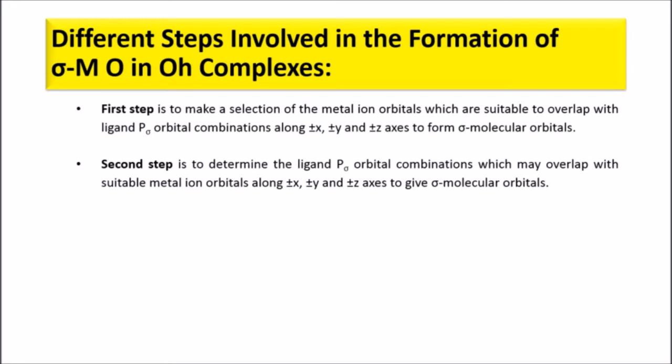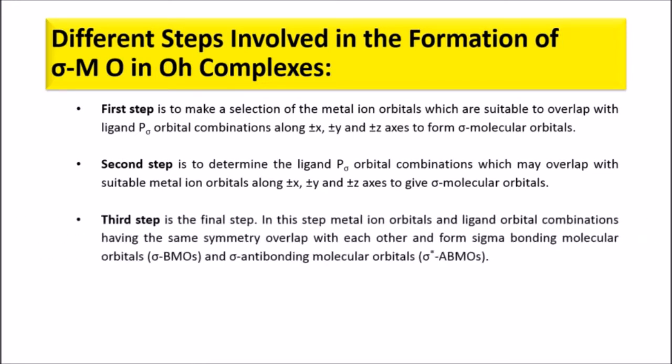Here the second step is to determine the ligand p sigma orbital combinations. That is also one kind of LGO, ligand p sigma orbital combinations, which may overlap with suitable metal ion orbitals along plus or minus x-axis, plus or minus y-axis, and plus or minus z-axis to give sigma molecular orbitals.